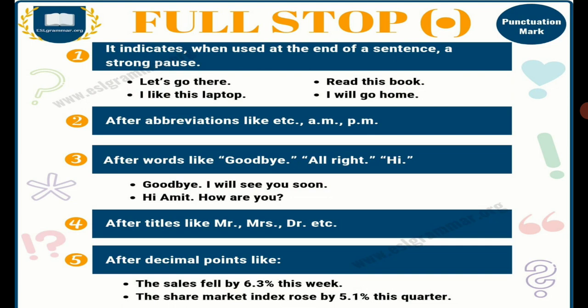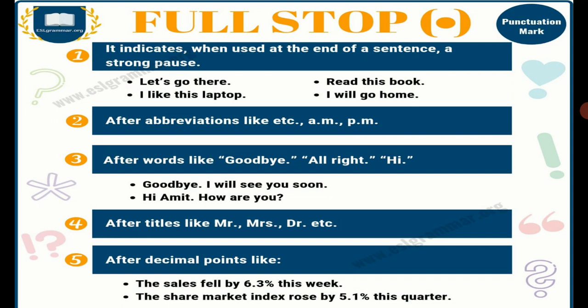After abbreviations like A.M. and P.M., as we learnt, when we write any word in a short form and take the first letters of two different words and make a short form, at that time between these letters we put a full stop. So we use a full stop to make the word shorter, like A.M. and P.M.